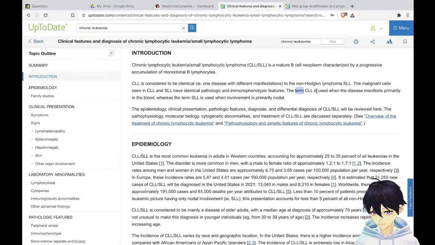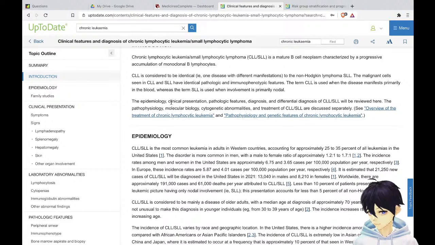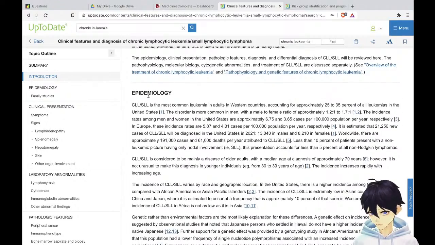The term CLL is used when this disease manifests primarily in the blood, whereas the term SLL is used when involvement is primarily nodal. Okay, epidemiology, clinical presentations, pathologic features, and diagnosis and differential diagnosis will be reviewed here.